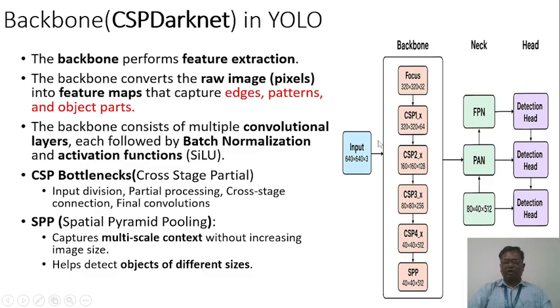You know how a convolution layer identifies features. Then this SPP takes all this information, and all the multiscale context is compressed at this level. That output is given to the neck model.